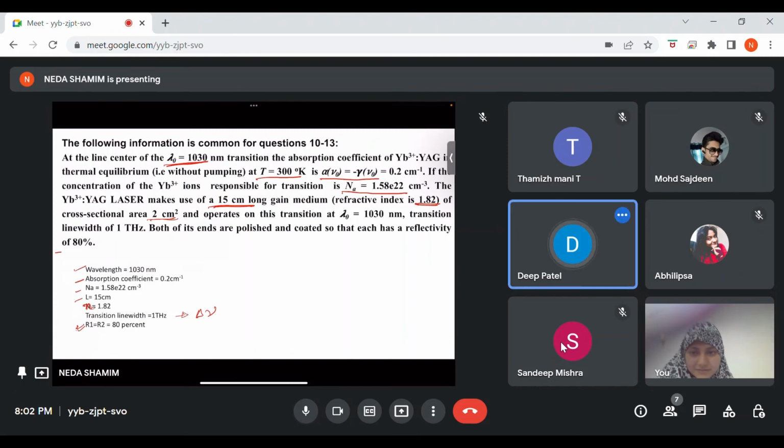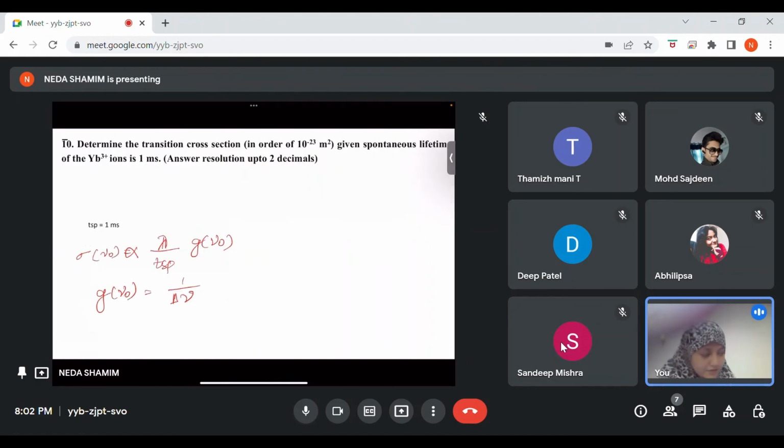Yes. Okay, we are given that this laser makes use of a 15 centimeter long gain medium of some cross-sectional area. The gain medium will have some cross-sectional area. Across what cross-sectional area the gain medium is spread, because we have this resonator in this, the gain medium is here.